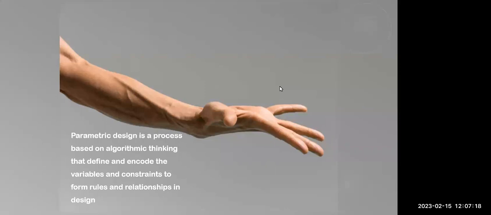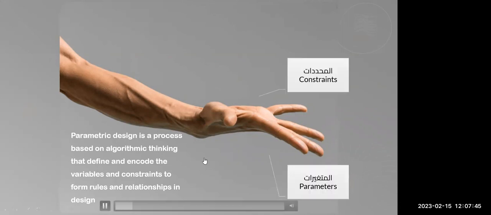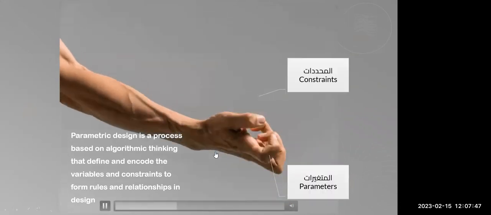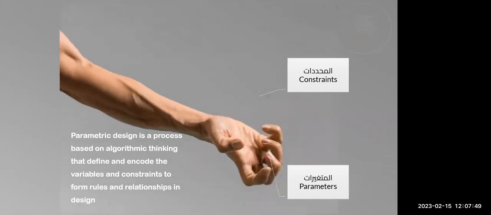Let's start. What is parametric? The word para is a prefix in the Greek language, which means two objects have a relationship together. A simple example to explain this meaning is our hand movement. We will see the fingers are related to each other. When we move one finger, the others move, respectively. And each finger has certain angles as constraints of movement. These relationships are called a system.